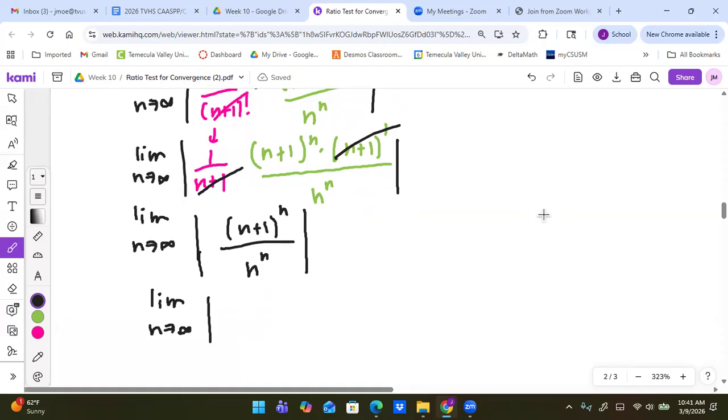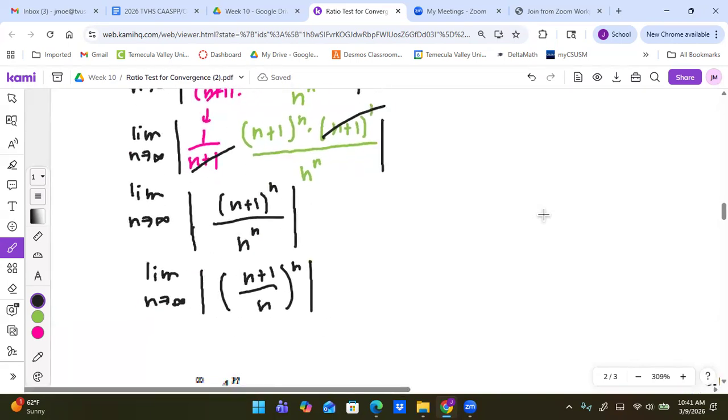Do you know what the limit of this is? It's not what you're whispering? Okay. Because I want to see if you know what the limit of this is.